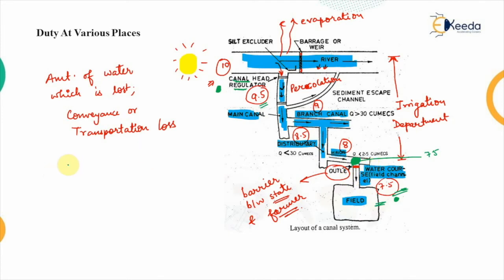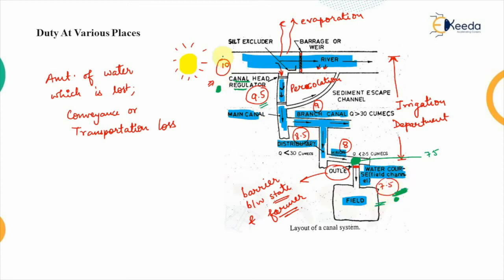So the duty was defined as the area which will be irrigated because of 1 unit of the water. That was the definition of the duty. Now in this network, as you can see, if we supply 7.5 units of the water at the head of the field, this will be entirely used as the 7.5 value only.